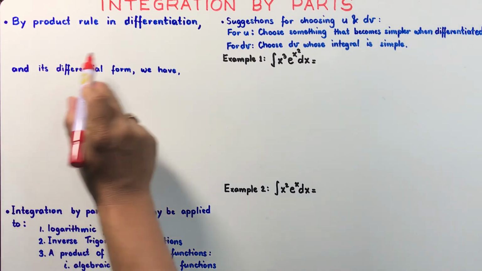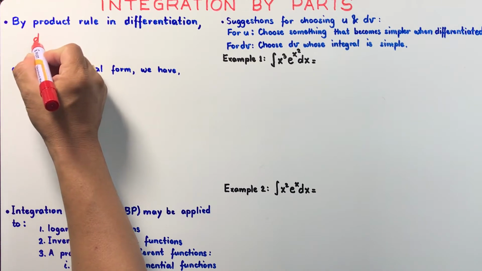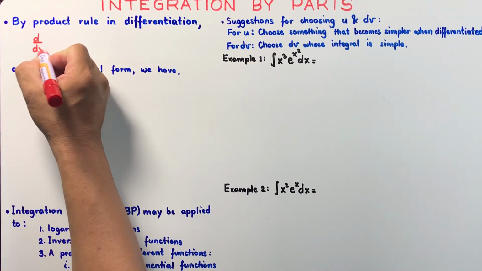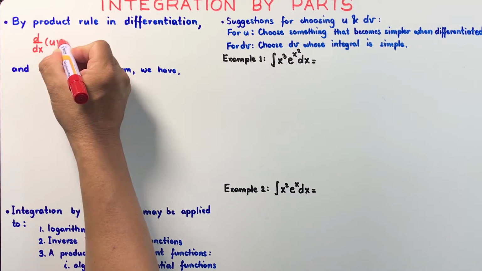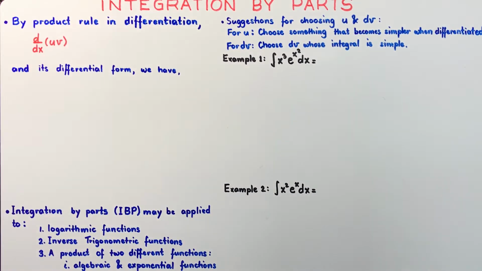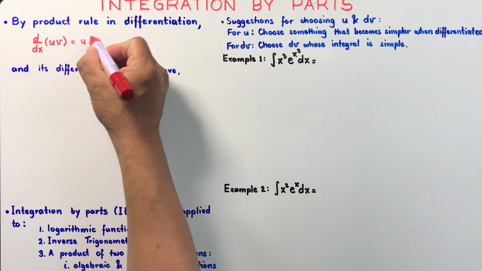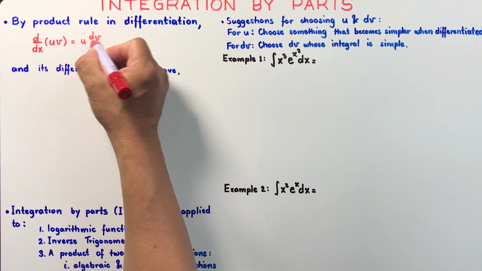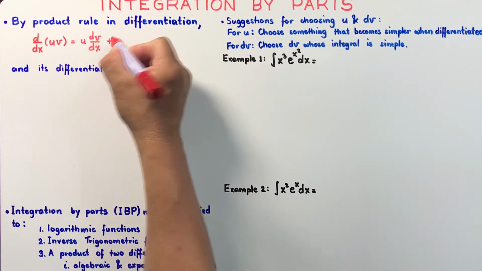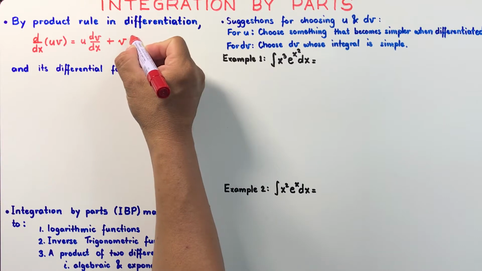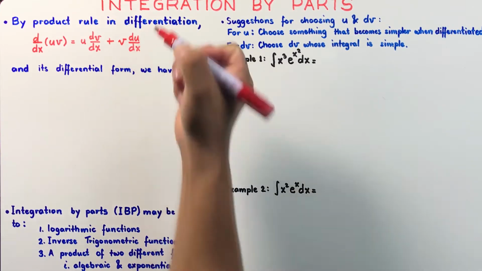By the product rule in differentiation, we know that the derivative of a product, say u and v, where u and v are functions of x, is u times the derivative of v, which is dv/dx, plus v times the derivative of u, which is du/dx.